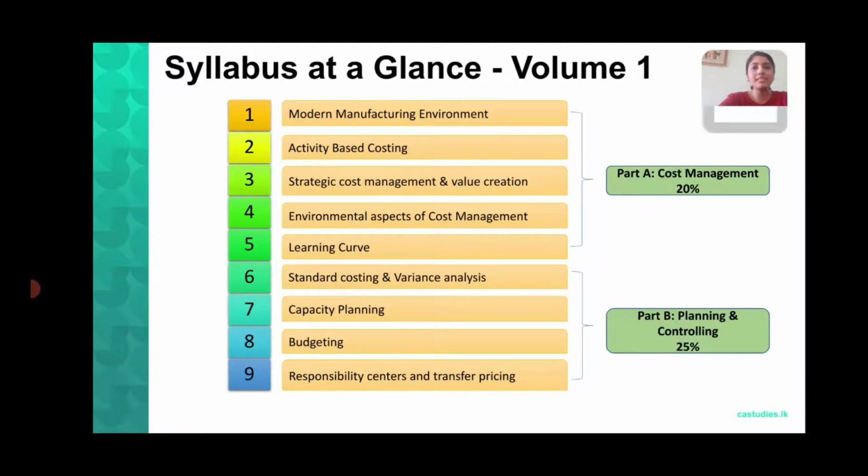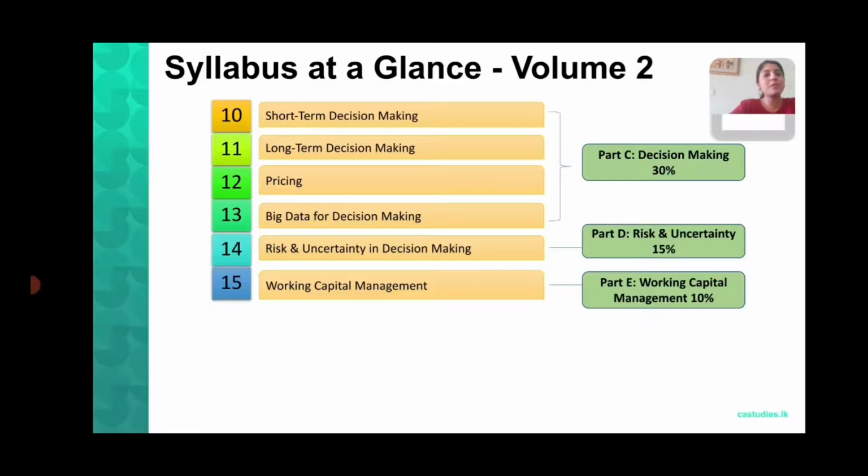Alright, next let's look at Volume 2 chapters, which are Part C decision making, Part D risk and uncertainty, and Part E working capital management. So, Part C, which is 30%, comprises of 4 chapters, which are short-term decision making, long-term decision making, pricing, big data again for decision making.